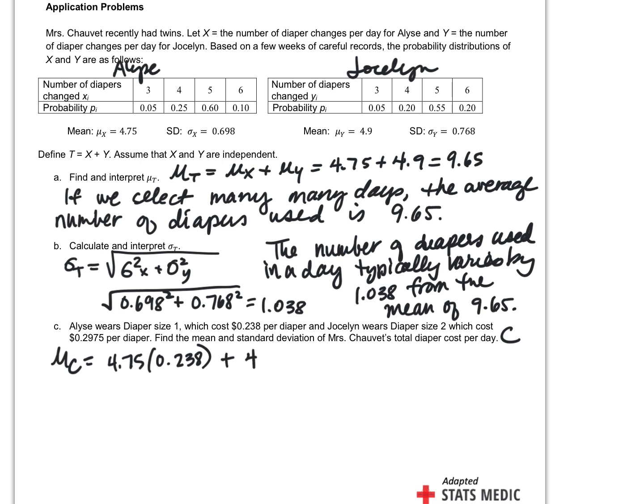Her average number of diapers is 4.9, but hers costs slightly more. That gives me 2.59 per day.